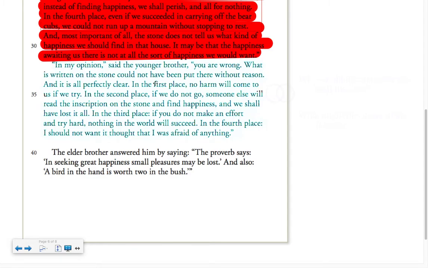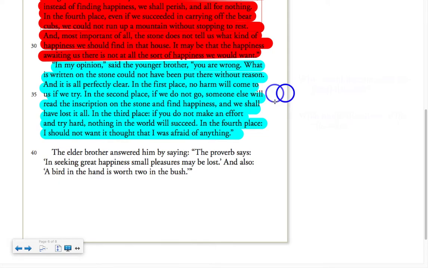So I'm stopping here. This is pretty important. And I have a contrast. Now, most of the time when you stop for a contrast and contradiction, it's within a single character's head. But in this case, you have two characters contrasting and contradicting each other. And so that's also important, the two brothers going against each other.